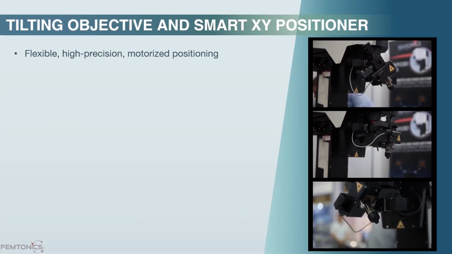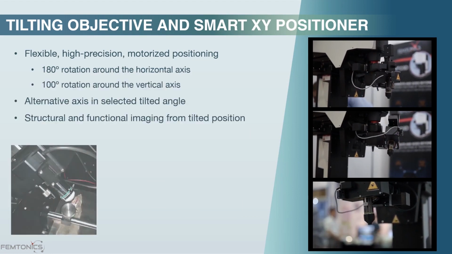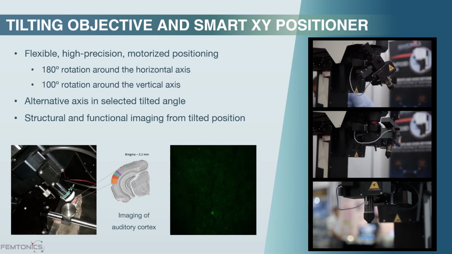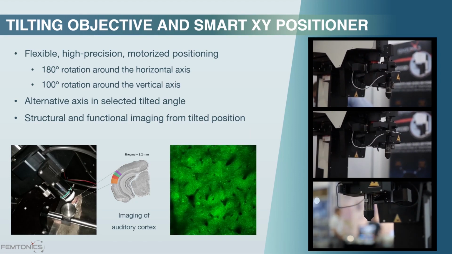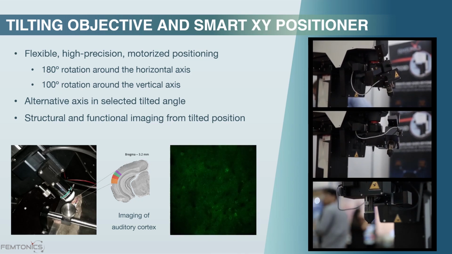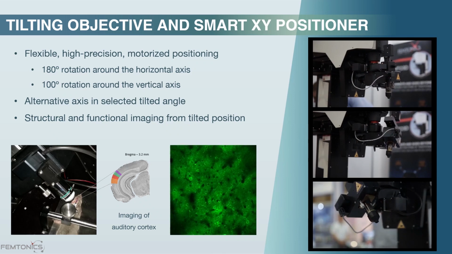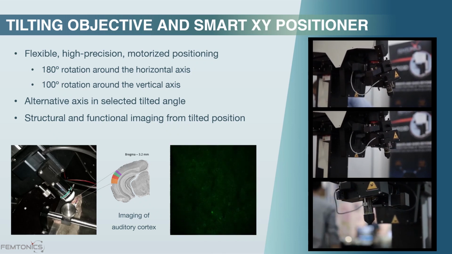We are very proud of our unique solution designed for reaching brain areas that are not parallel to the objective's plane. The motorized tilting objective module rotates the objective 180 degrees around the horizontal axis and 100 degrees around the vertical axis, giving it a higher level of freedom to reach the sample from different angles.